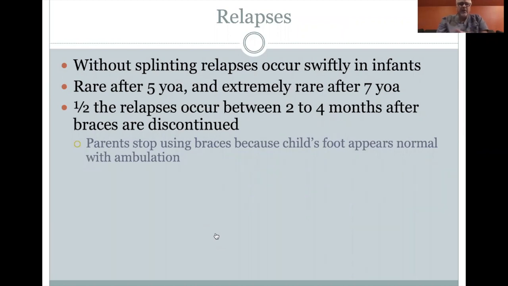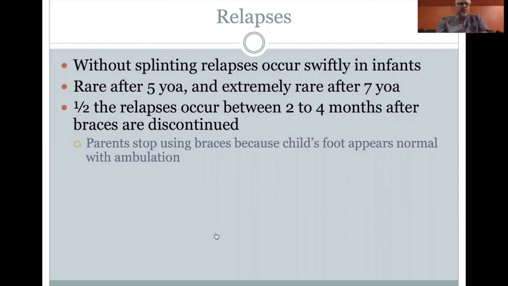Once you get to about 5 years of age, it's pretty rare, and it's extremely rare once you get past 7 years of age. So it's important to monitor these kids throughout the years to make sure they're not getting any recurrence. Half the relapses occur between 2 to 4 months after braces are discontinued. And a lot of times what happens is parents stop using the braces because the child's foot appears normal, both non-weight bearing and weight bearing, so they think that everything's fine and they can just move on.